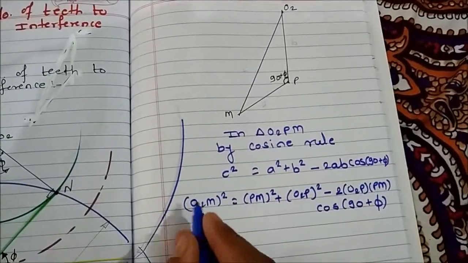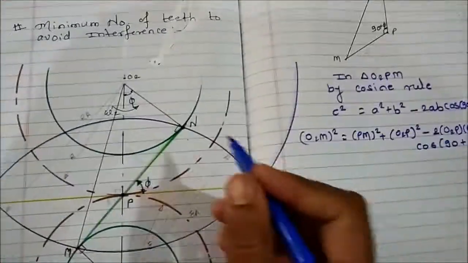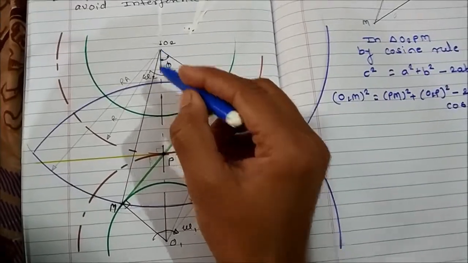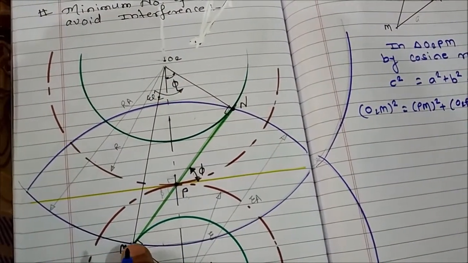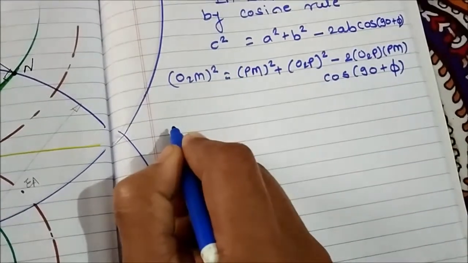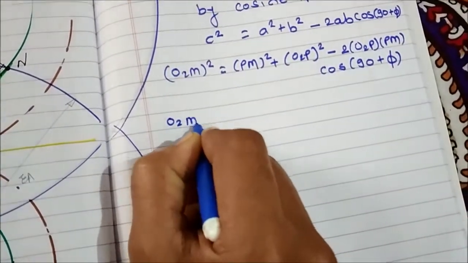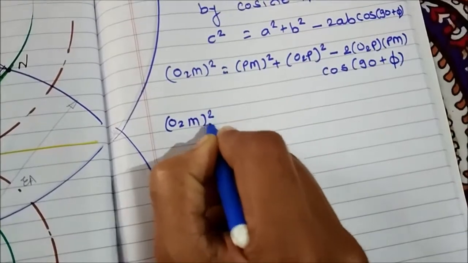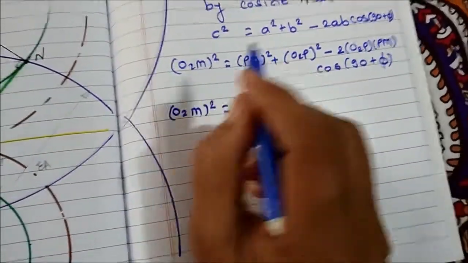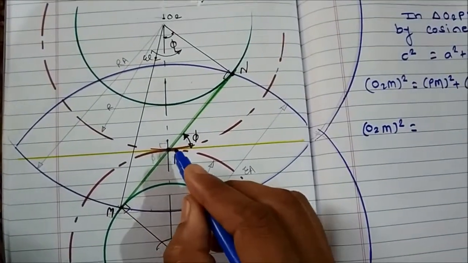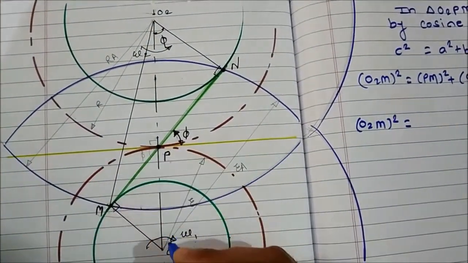Now see this figure. In this figure, O2M is the maximum addendum radius. So let's continue this equation, keeping O2M as it is, the maximum addendum radius. Now PM is this. See this triangle carefully.